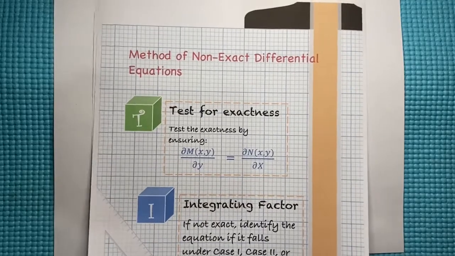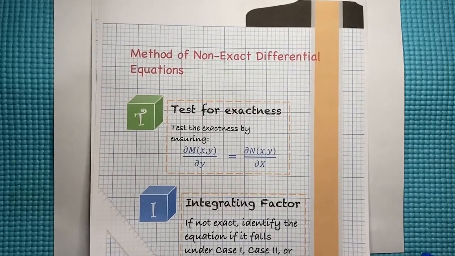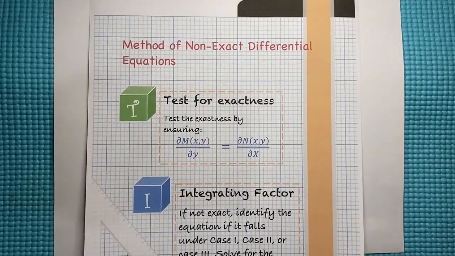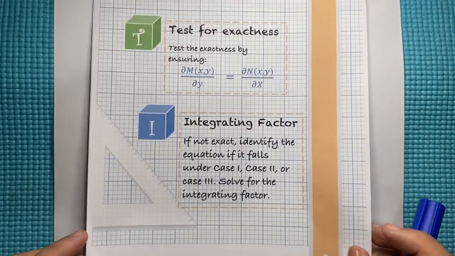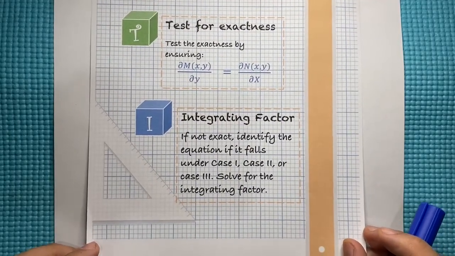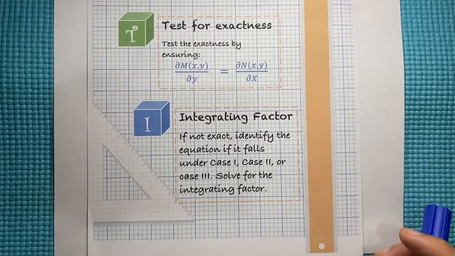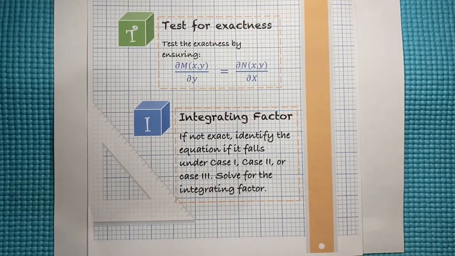Once you are able to identify that it is a non-exact differential equation, we will find the integrating factor. We identify what case it falls into. Case 1 is where the integrating factor is a function of x alone. For case 2, the integrating factor is a function of y alone.